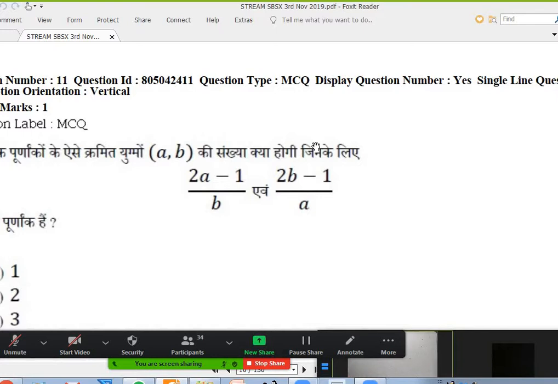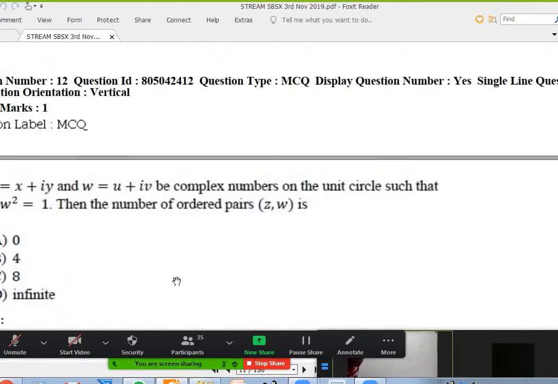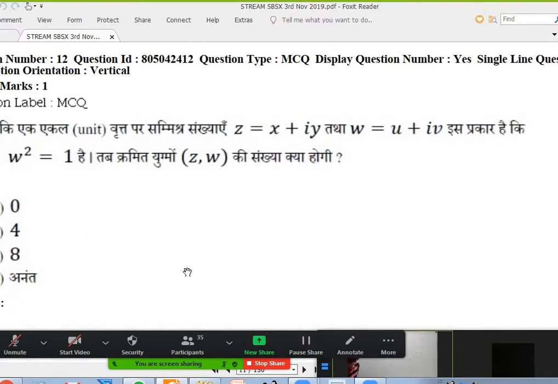Let us see what we can do. Okay, maybe finish 12. Yeah, for complex numbers also somebody cannot relate to it.